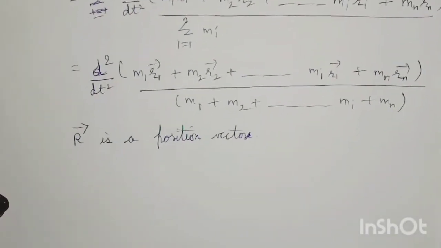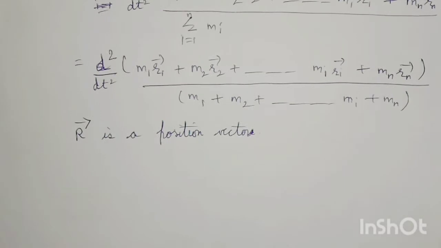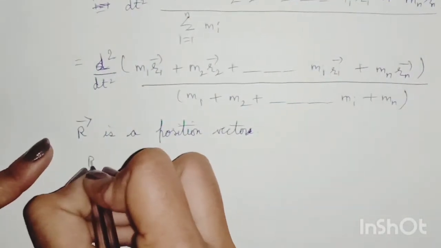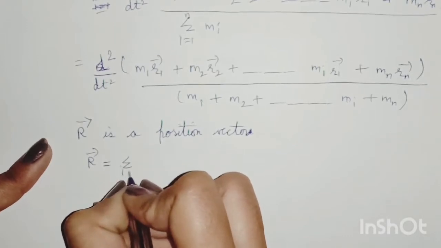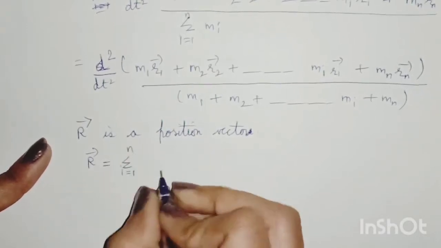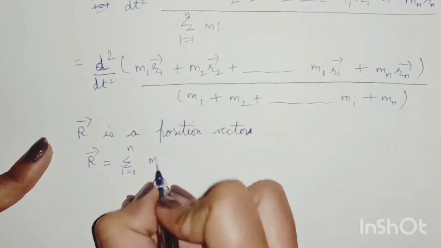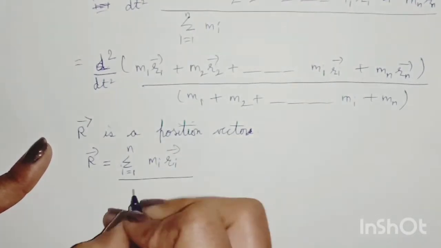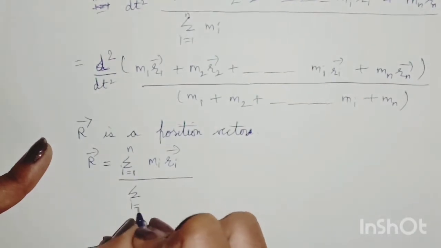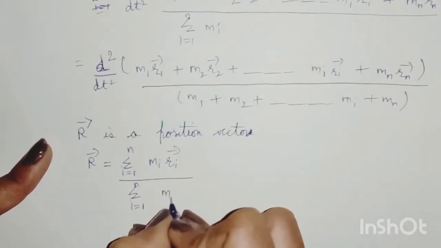Now we can write R vector is equal to summation over i equals 1 to n of mi ri vector upon summation over i equals 1 to n of mi.